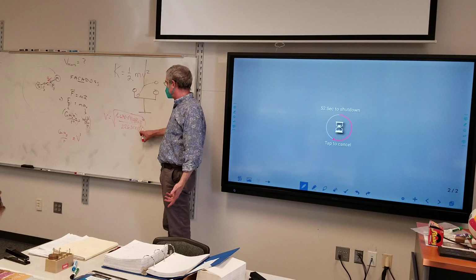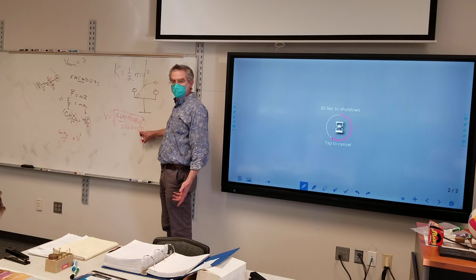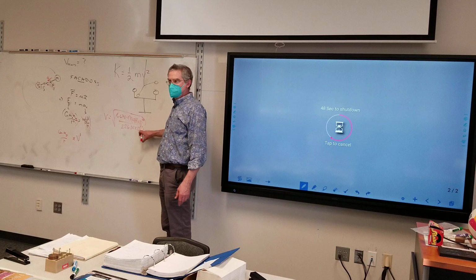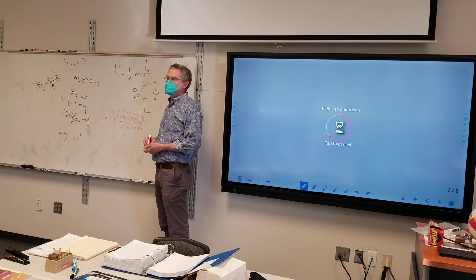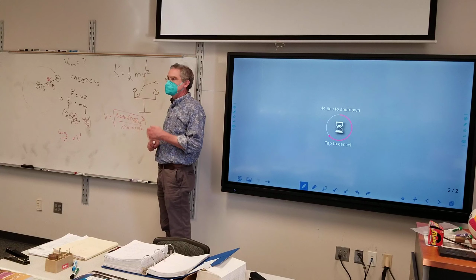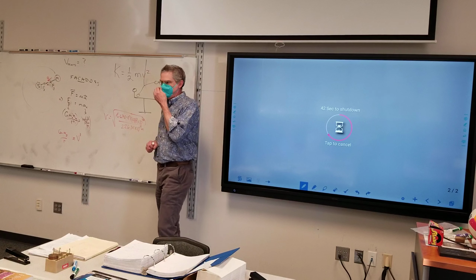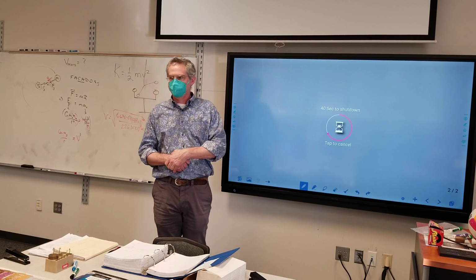A million is 10 to the 6th, and then a kilometer is 10 to the 3rd, so 10 to the 9th meters. Oh, that's what this meant. This is going to be meters per second? It better be. If it's not meters per second in the end, then we've done something wrong.